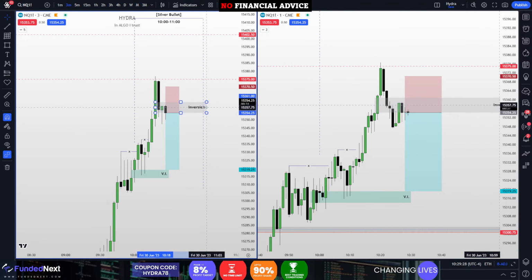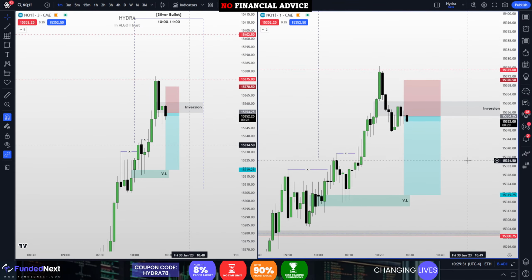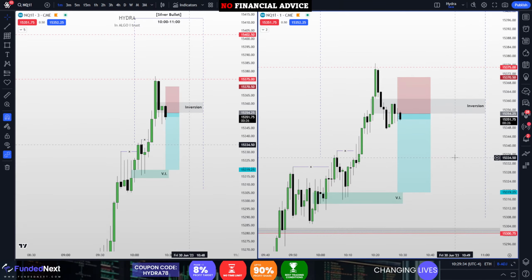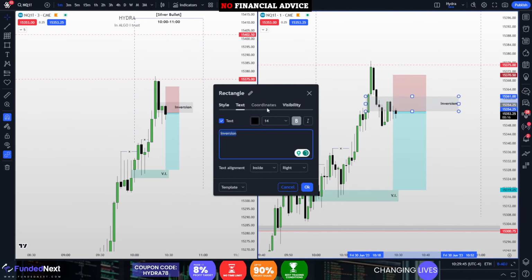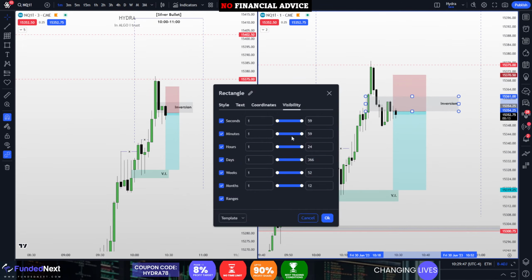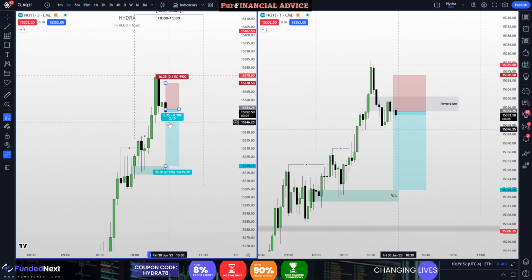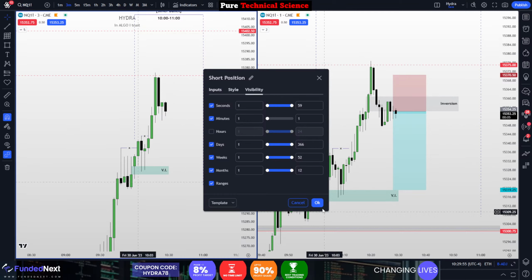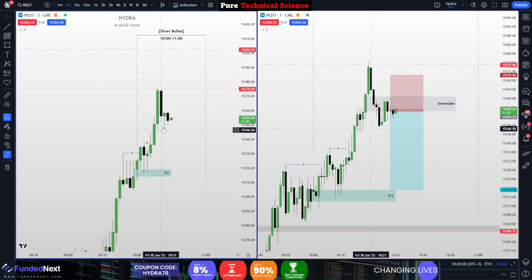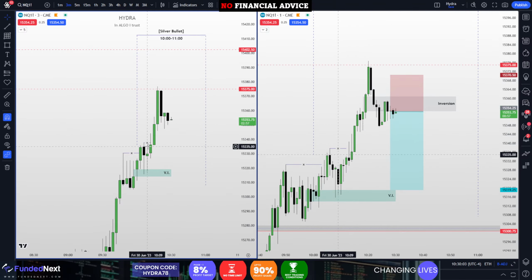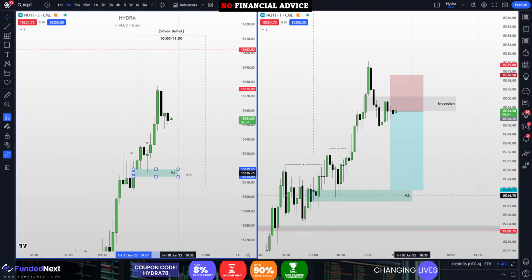Okay, good. There's no other level that I see from where price can get support towards buy side liquidity again, other than this volume imbalance.